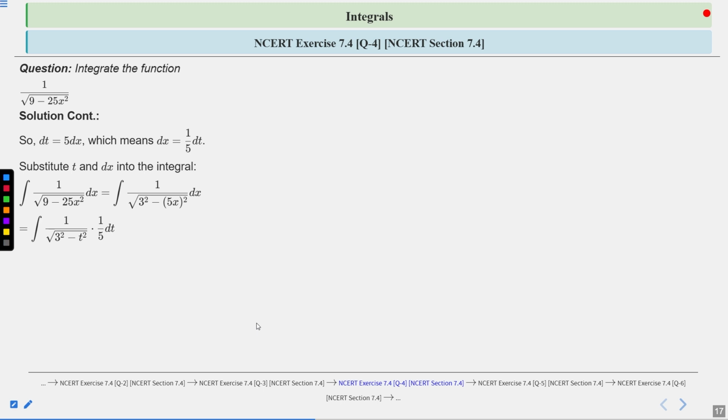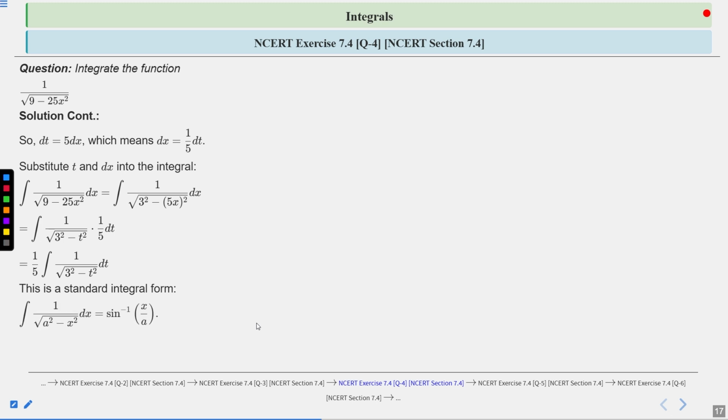The 1 by 5 will be out of the integral, so 1 by 5 times the integral of 1 upon root over 3 square minus t square dt. This is a standard integral form.